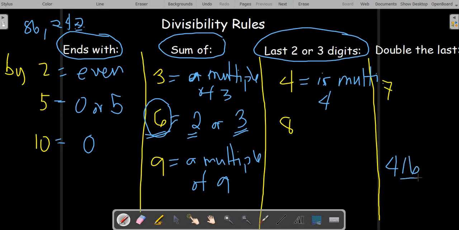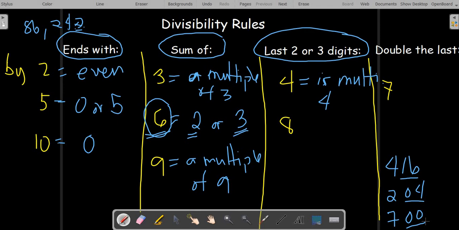You can see 16 is the last 2 digits, and it's a multiple of 4. You can also have 204. 04 is a multiple of 4. Also, numbers that end with 2 zeros are divisible by 4.